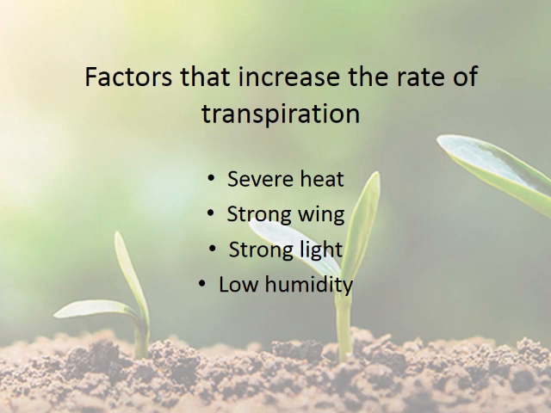Then, what happens when temperature, the speed of wind, and the intensity of light increase? Yes, it will reduce the water vapor in the environment compared to the inside of the plant, so water evaporates out from the plant.